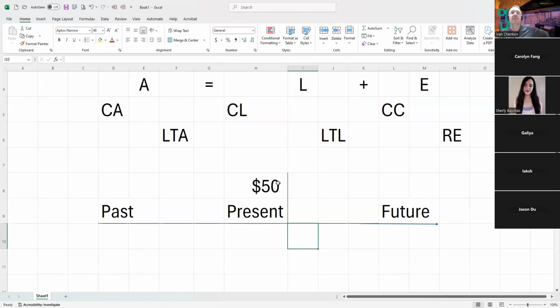On December 31st, the company can have an obligation to pay $50, which represents a liability, which the company paid, but on January 1st. But since we're preparing the report on December 31st, the company has a current liability for $50.